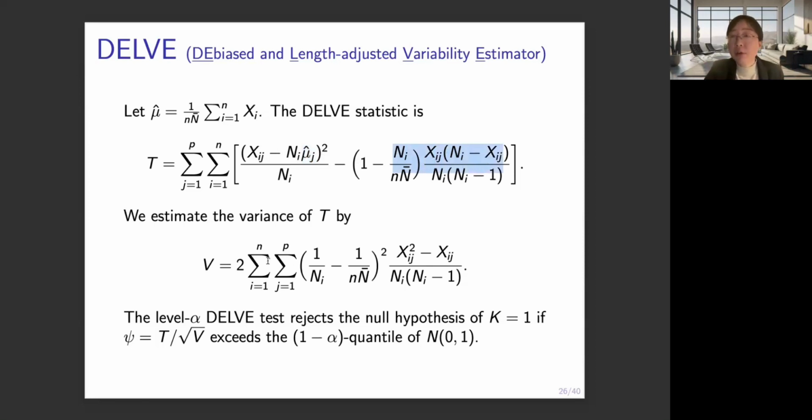And then we also estimate the asymptotic variance of this DELF statistic, and we can show that asymptotically, T divided by square root V converges to a standard normal. So therefore, we can easily control the type 1 error and compute the p-value without any resampling or bootstrapping procedure. So this test is very convenient to use.